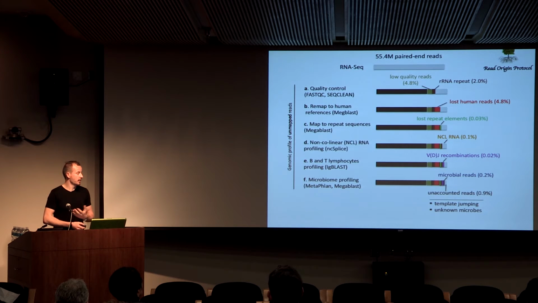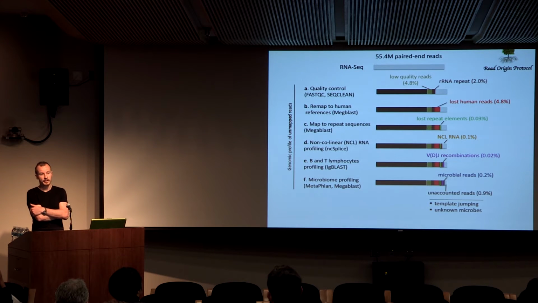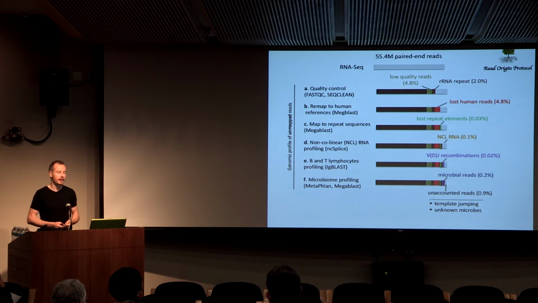We don't know the origin for that. We think those might come from template jumping, where among those reads, some are of the kind where half of the read comes from the human and half of the read comes from the worm. Since the worm cannot integrate into your genome, that comes from a sequencing artifact.